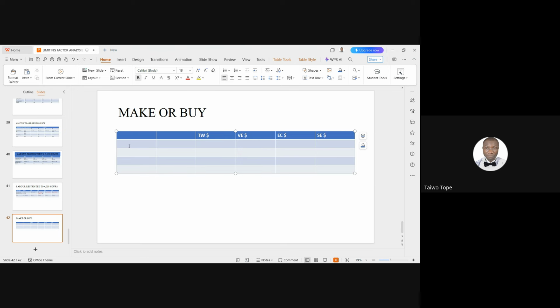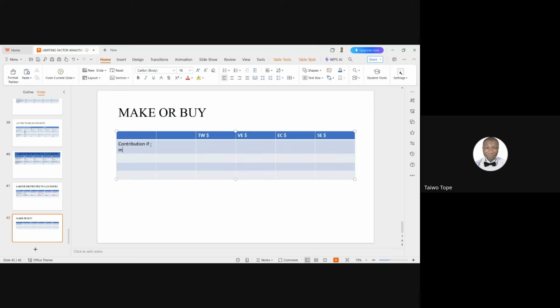So the contribution if the product is produced by Cobrin is the existing contribution we have. If made, we already know that for TW it is 360. For VE, EC and SE it is 540 and so on.